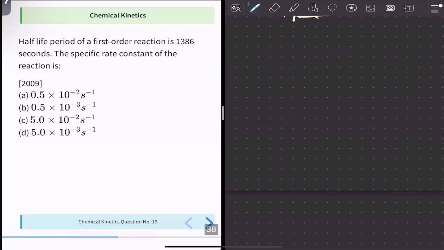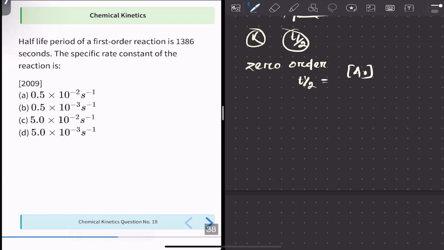Let's know the relation between K and T half for other orders of reactions. For zero order, T half is related to both the initial concentration and the K value, so it is written as A naught divided by 2K.